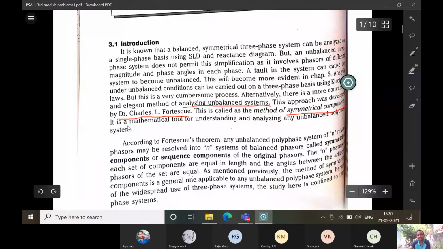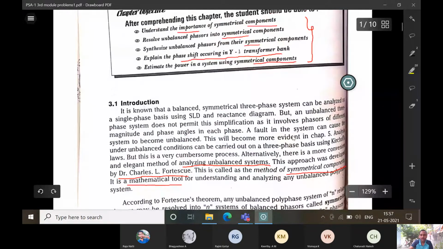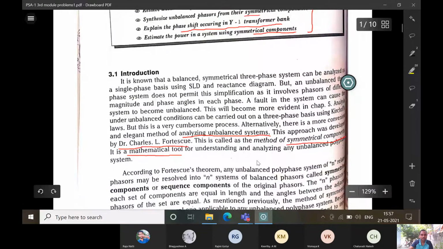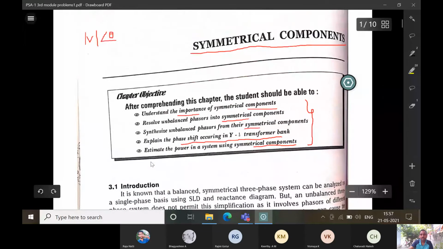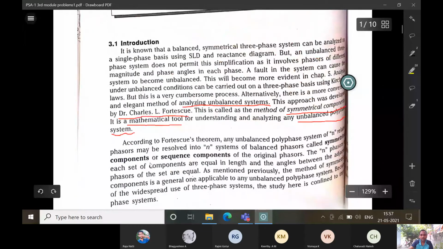Symmetrical component is an entirely mathematical tool for understanding and analyzing the unbalanced polyphase system. To calculate an unbalanced polyphase system, we require a mathematical tool, and that is called the symmetrical component.